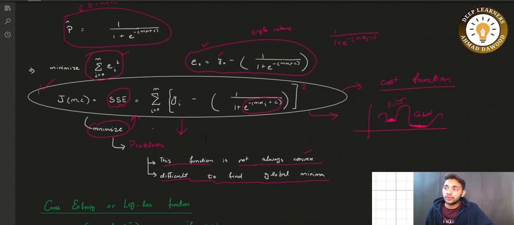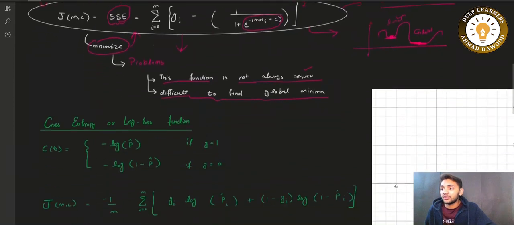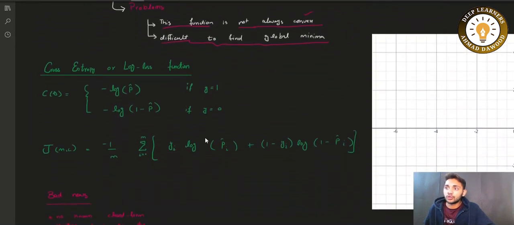Okay, there is another solution, which is cross entropy or log loss function. We can use this function as the cost function of logistic regression.